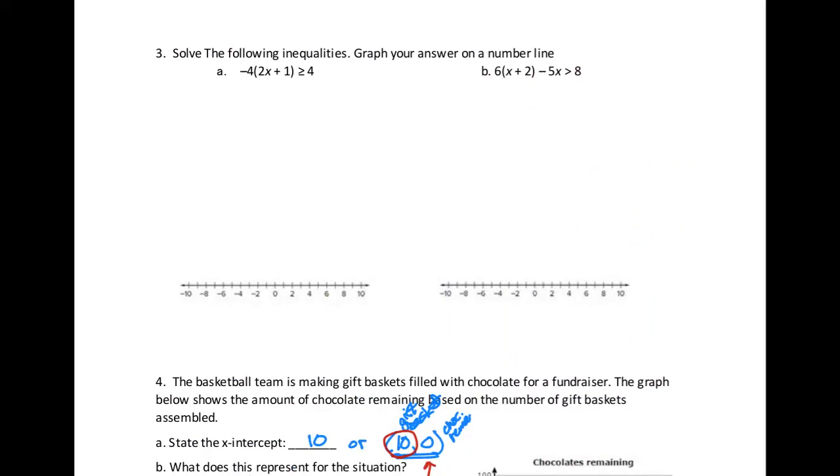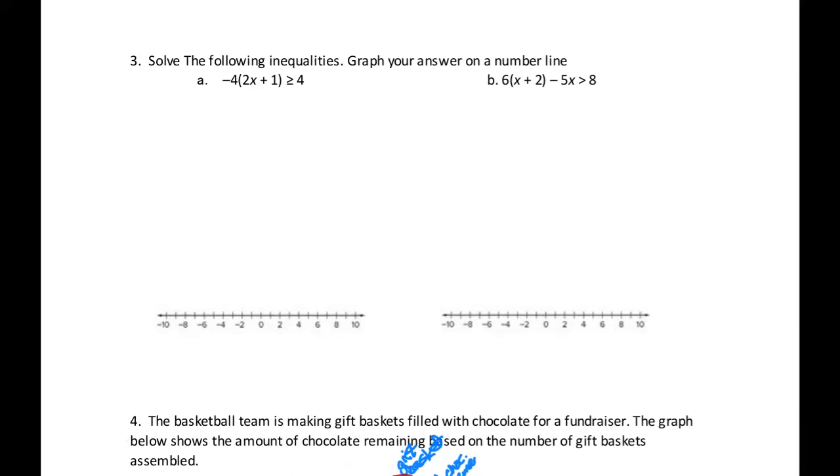Graphing inequalities. What's the big deal with graphing inequalities? There's a couple things. What are the tricky things about graphing inequalities? Which part you shade. Okay. Well, this is not on a coordinate graph, but just a number line here.